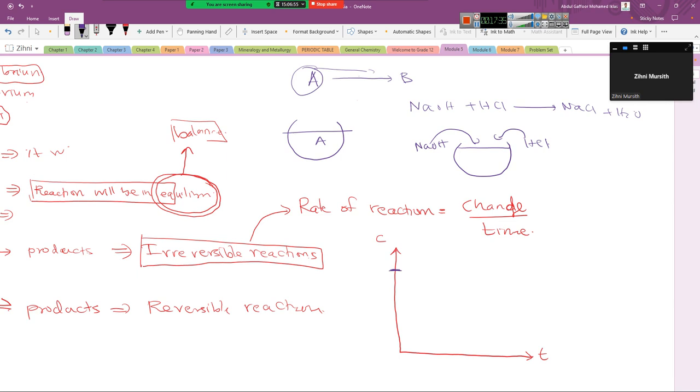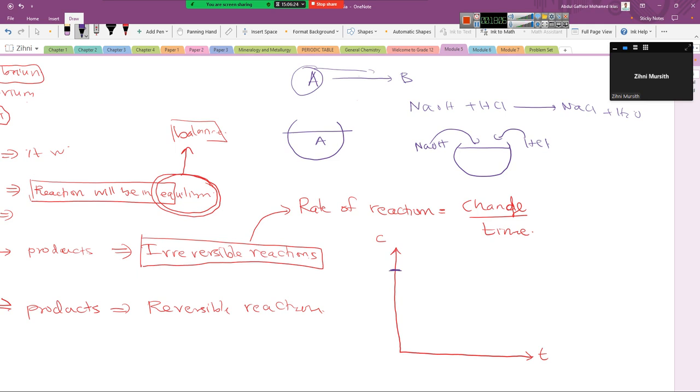Do we have NaCl and H2O at the beginning of the reaction? No, we don't, right? So NaOH and HCl are going to become NaCl and H2O. So here I am going to draw the concentration change using this purple color, right? So what will happen to the concentration of NaOH and HCl with time?